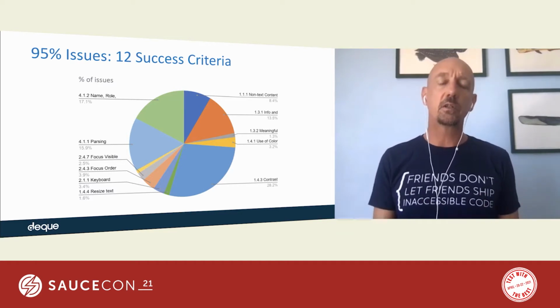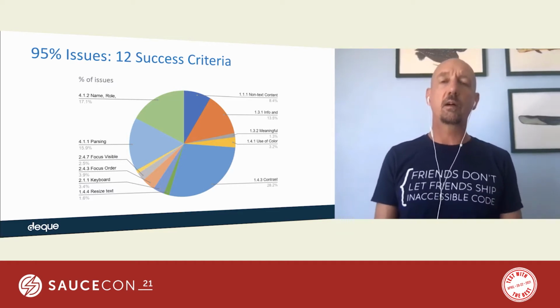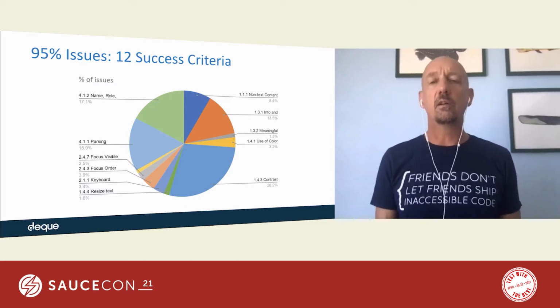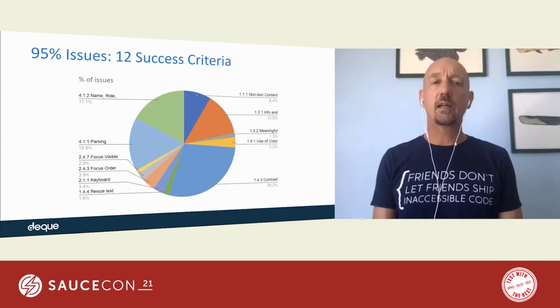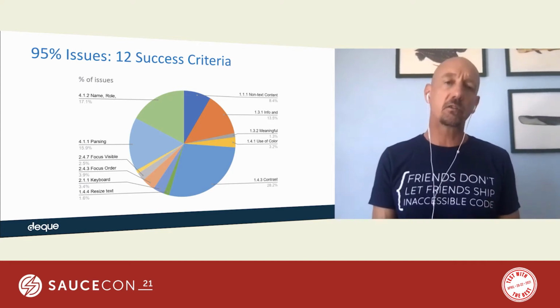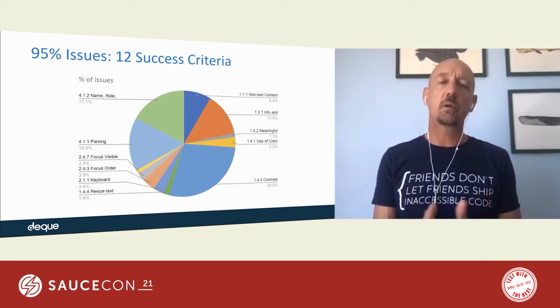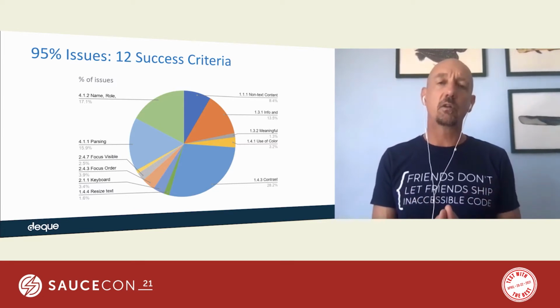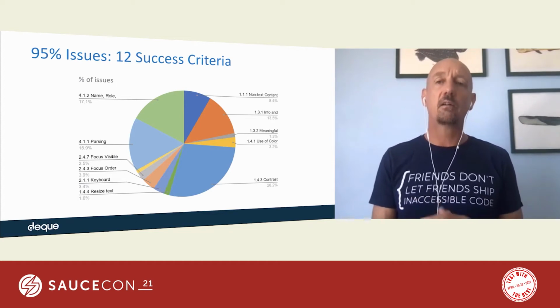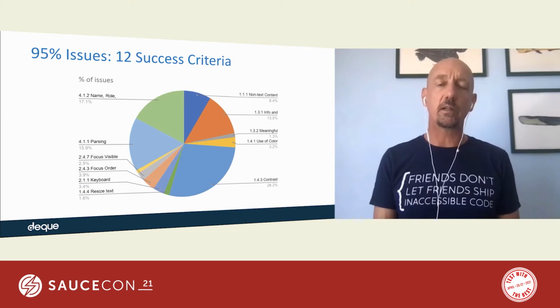Now, depending on which level and which version of WCAG, as we call it, you're looking at, there can be between 31 and 51 of those. And so by concentrating your effort on these 12, you can eliminate 95% of the issues. So that's another thing to keep in mind, that not all of your activities need to go into everything equally. Focus your efforts on where you're going to get the most payback.